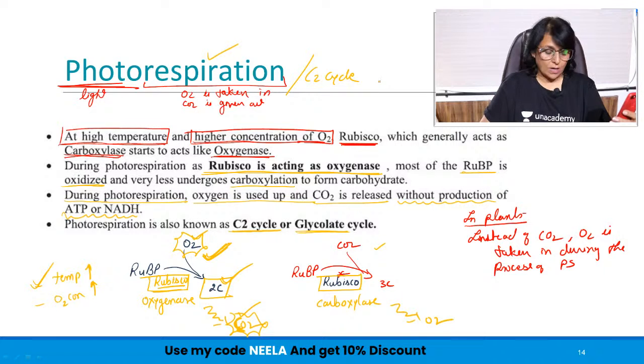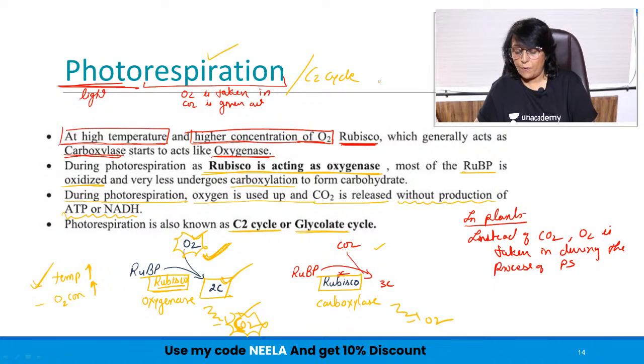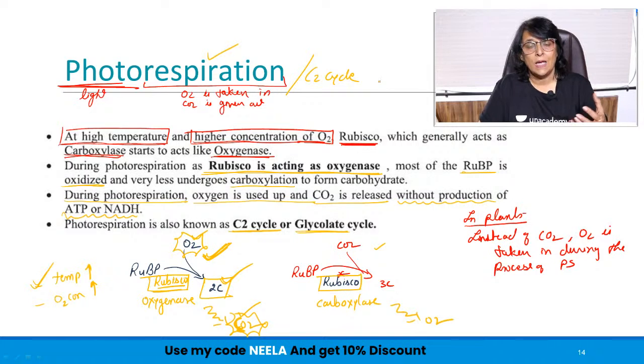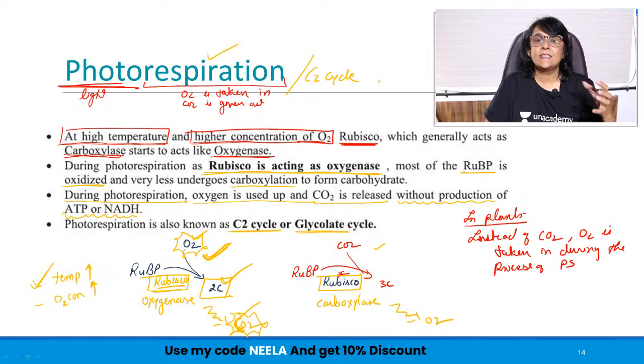Why is ATP not synthesized? Because for ATP, light is necessary. Rahul's question. See, for ATP synthesis, there has to be a process. The electron which gets excited has to pass through a particular pathway. But here what is happening is, instead of carbon dioxide being added, like carboxylation, oxygen is getting added.